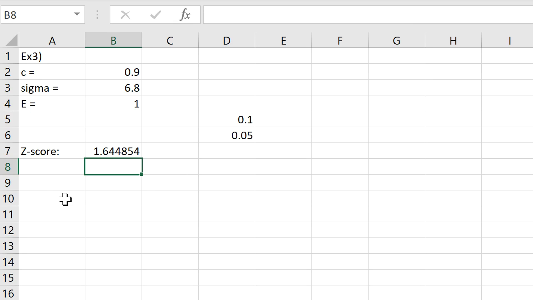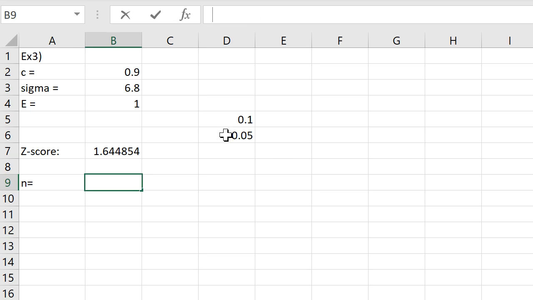All right, so we have everything that we need now, so we can calculate our N. Now, this formula is kind of weird looking whenever you put it in Excel, but it's not too bad.